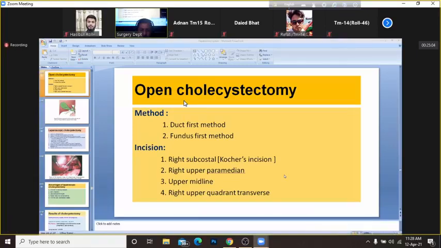Sometimes we make a right upper paramedian incision, that is medial to midline. That is an incision made from the right costal margin running ½ inch to 1 inch right and parallel to midline.